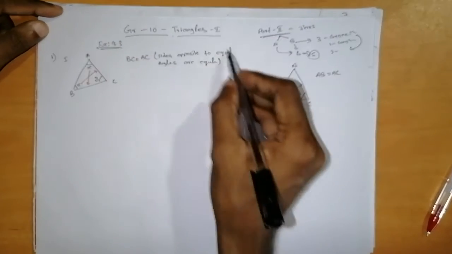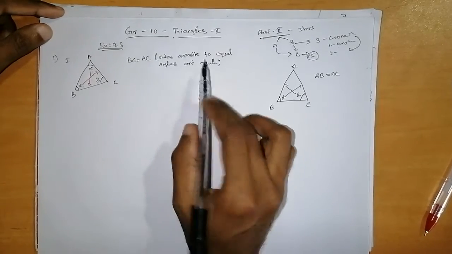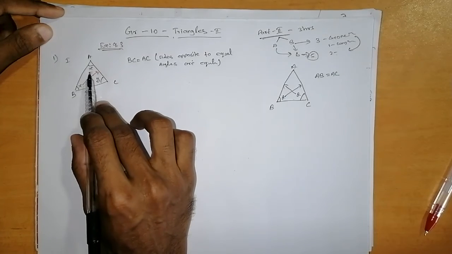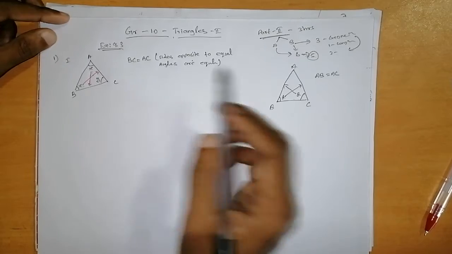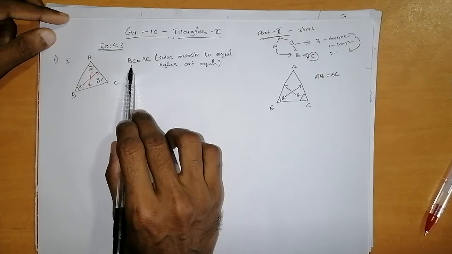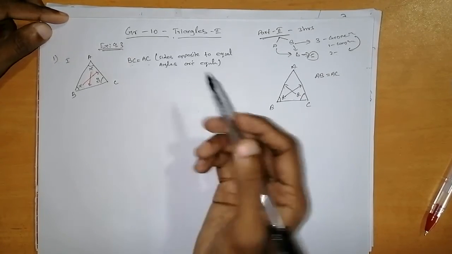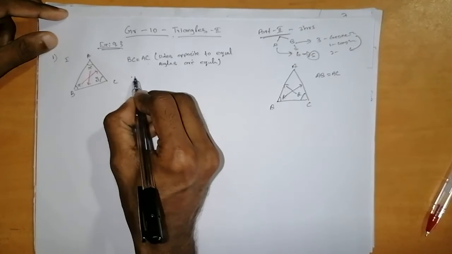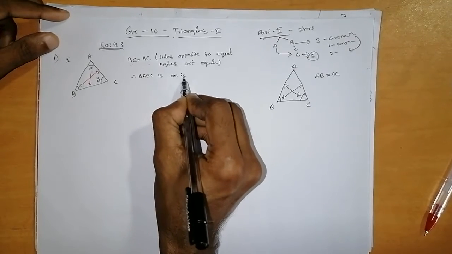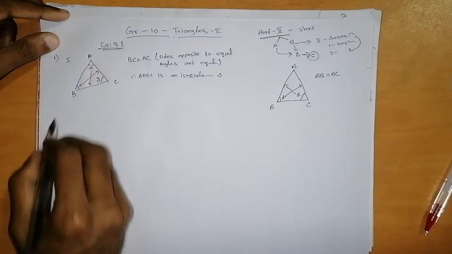This is the full form of the second theory: sides opposite to equal angles are equal. In this triangle there are two equal angles, so using our geometrical theory from triangles 2, we prove two sides are equal. When two sides are equal in a triangle, the triangle is called an isosceles triangle. Therefore triangle ABC is an isosceles triangle.